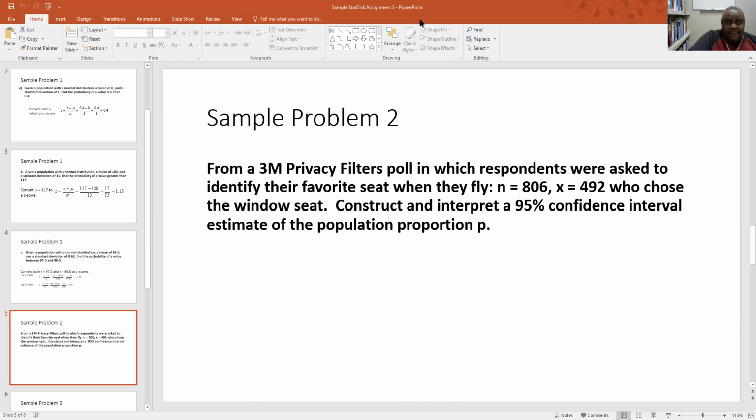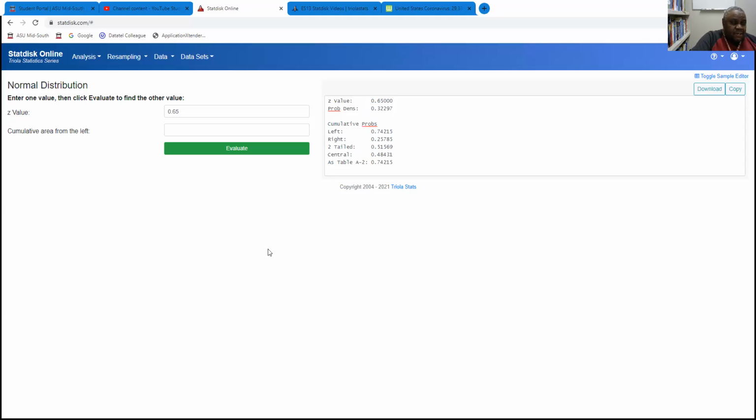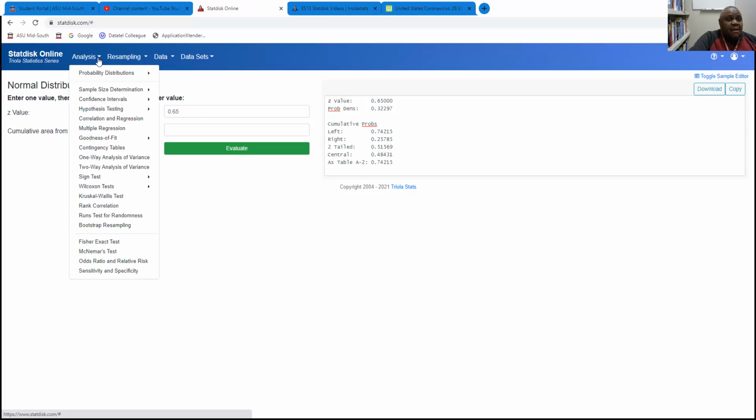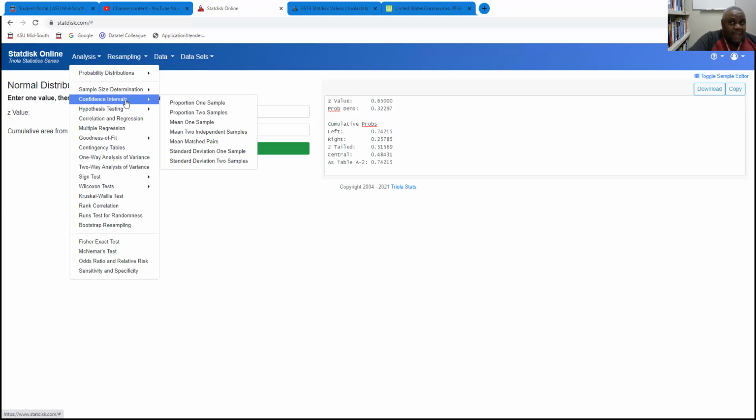Okay, so now we're going to go back to StatDisk. Now we're going to do something different here. We're doing a confidence interval. So under analysis, you go here, click on that. You're going to see this menu item that says confidence intervals. Click on that. Here we're dealing with the population proportion, and it's only going to be one sample.